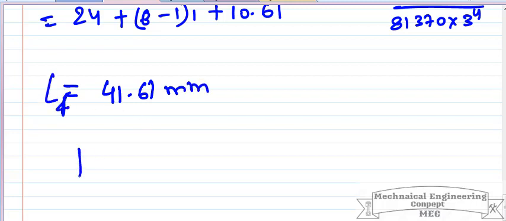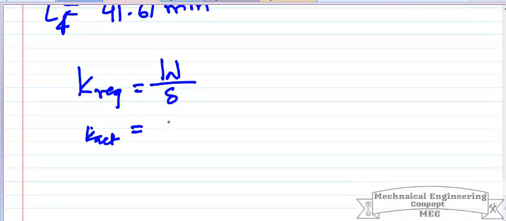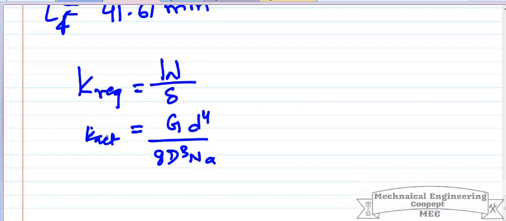Okay. Now K required and K actual. I need to calculate the stiffness required for the spring and the stiffness actual for the spring. To calculate the required value, we need to remember this formula, W by delta, and for the actual value we need to remember G d to power 4 divided by 8 D cube Na. How is this K actual different from K required?